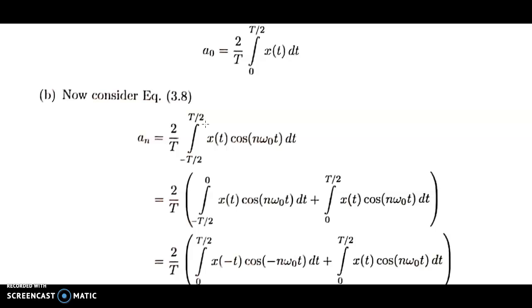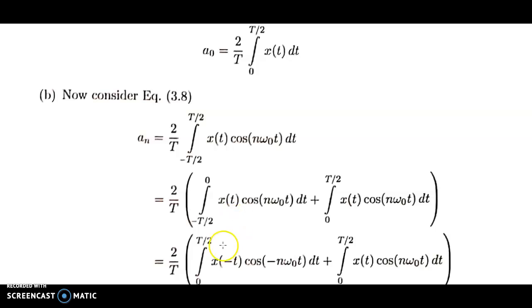Originally in the expression of an it is 0 to T. Here we have changed it to minus T by 2 to T by 2. So that is equal to 2 by T into, dividing this limit of integration into 2, minus T by 2 to 0, the first case, x of t cos n omega 0 t dt plus integral 0 to T by 2 x of t cos n omega 0 t dt.